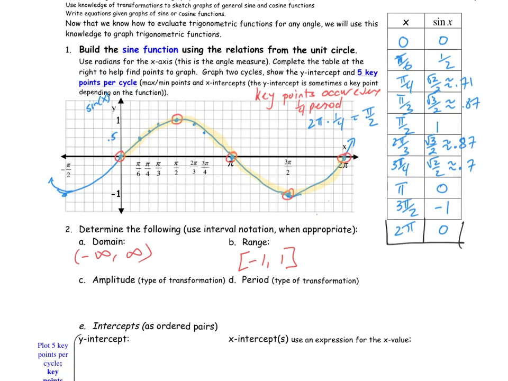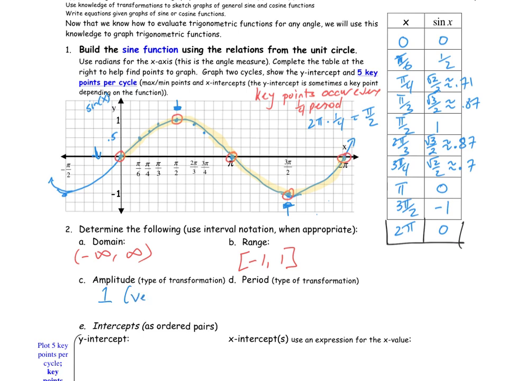So this is the midline and this is the maximum, or from the midline to the minimum. So this would be a minimum, or it's 1/2 the distance between the minimum and the maximum. And that's going to be defined later in our notes. So the amplitude in this case is the distance from the middle to the maximum. So here it's going to be 1.